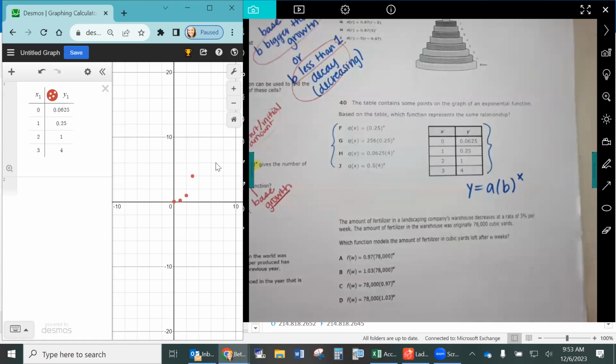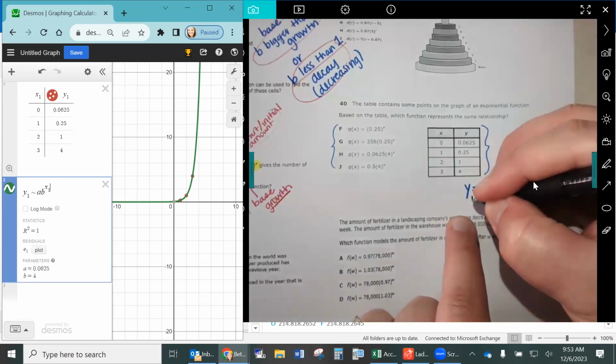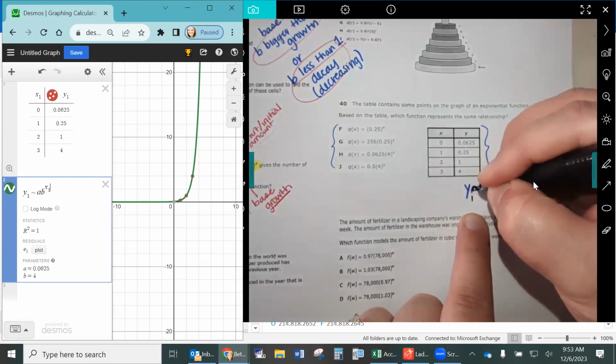And then remember that if I want to turn this table into an equation, all I have to do is y1 squiggle AB to the X1. So notice you're using the same formula that we have right here. The only difference is that you're adding in those little ones here, here, and then you're turning this into a squiggle.